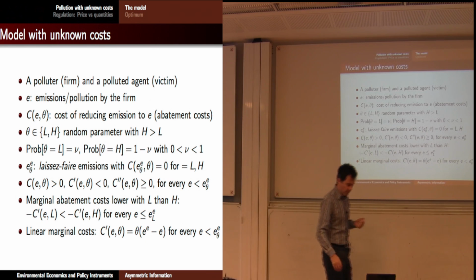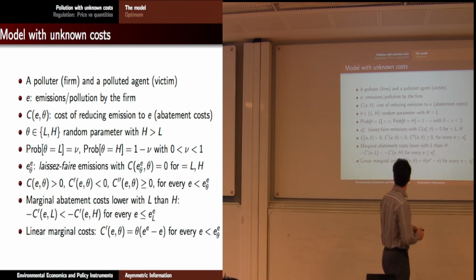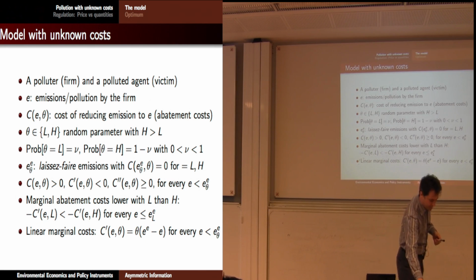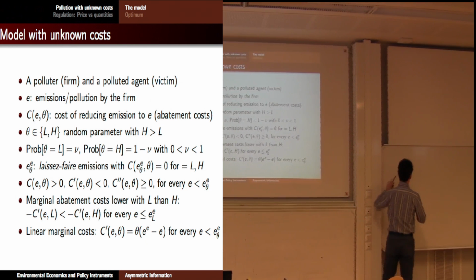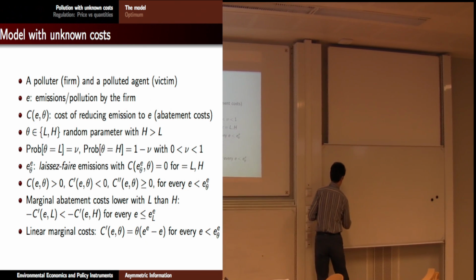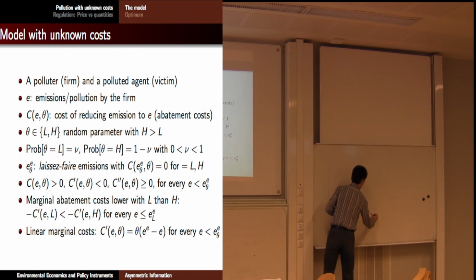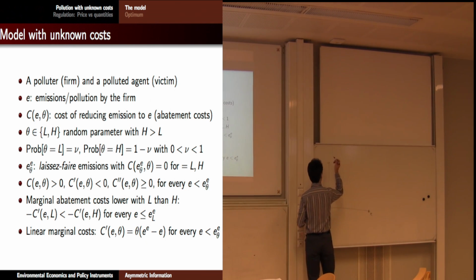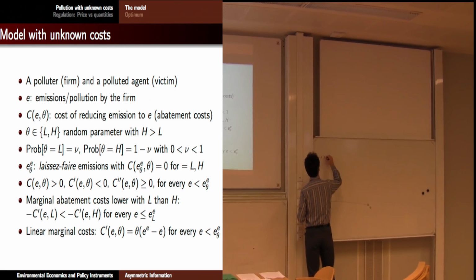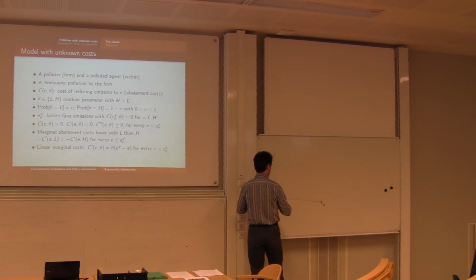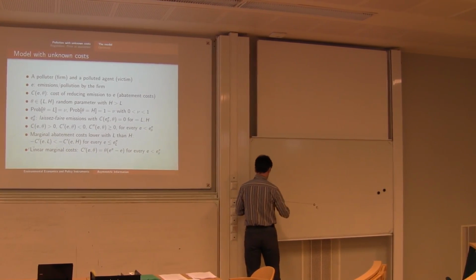And those cost functions have this shape. Okay, so here you have emission, and here you have euros or kronor, and you have something like this.